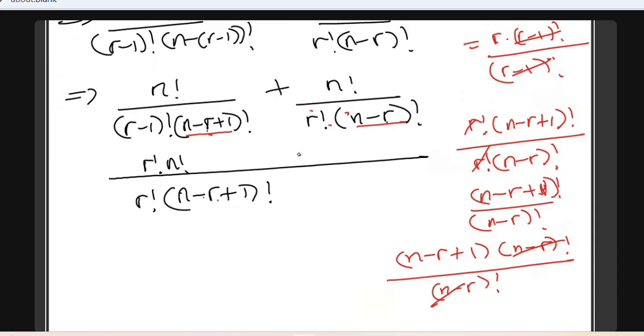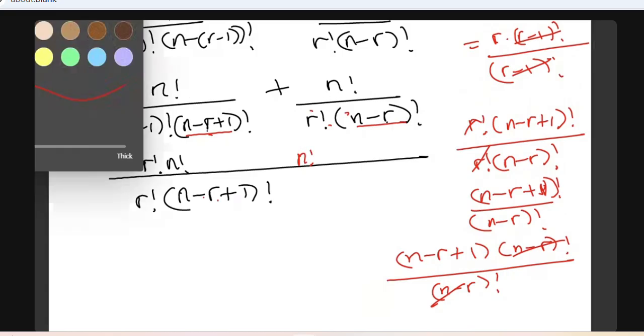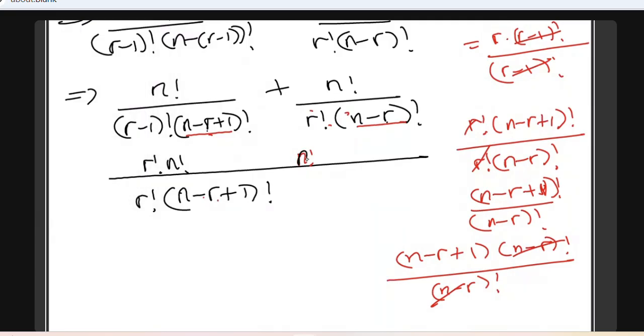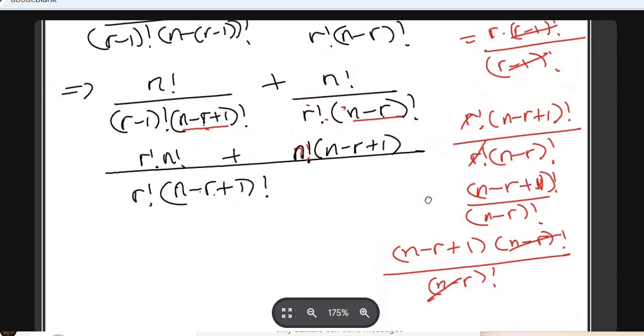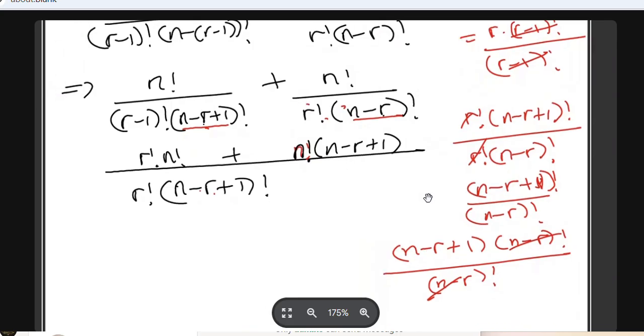So then we multiply this to this, so we're going to have n factorial, then you're going to write (n minus r plus 1). Oh, there's no factorial at the end, sorry. There's no factorial for this one, then the sign is plus. And my apologies, here it is r, not r factorial.